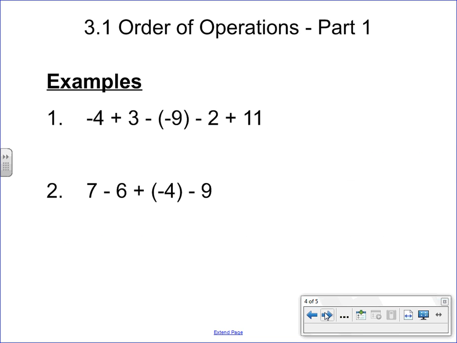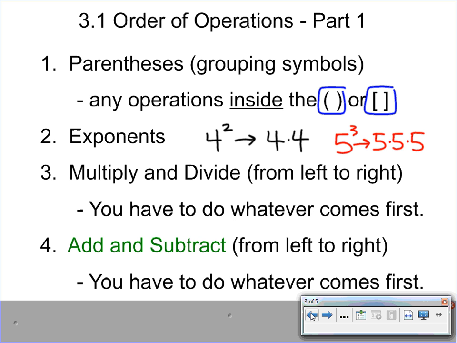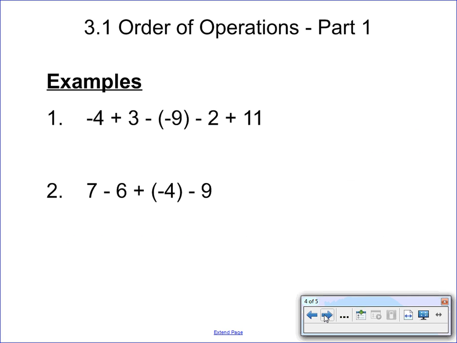Here are some examples that I want to work through with you, and we'll take a look at these and then give you an opportunity to work on some on your own. So here we have a combination of adding and subtracting. Now if we look at that step 4, you have to go from left to right and do whatever comes first.